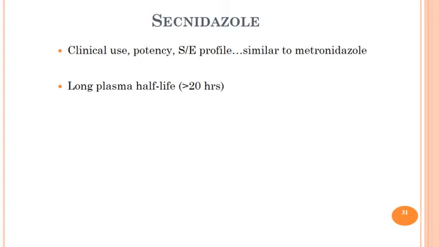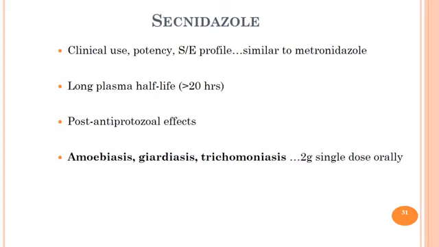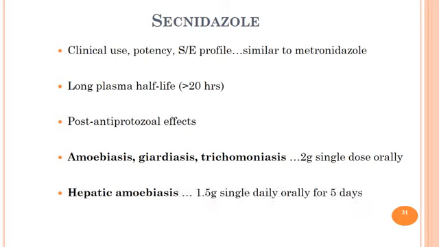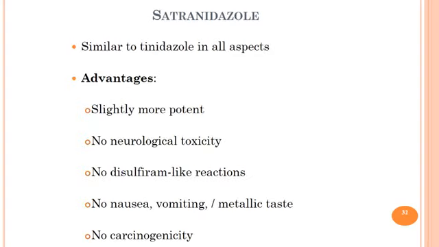It has a long plasma half-life, more than 20 hours, and shows a post antiprotozoal effect. For amoebiasis, giardiasis and trichomoniasis, 2 gram single dose orally is effective. For hepatic amoebiasis, 1.5 gram single daily orally for 5 days.